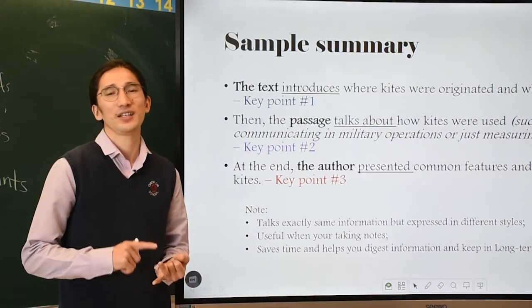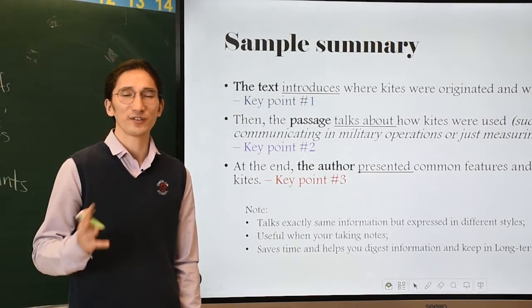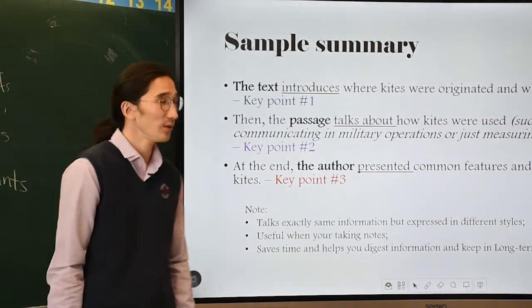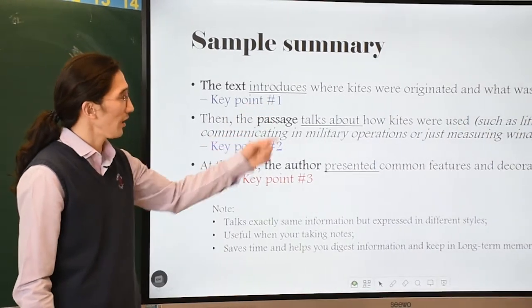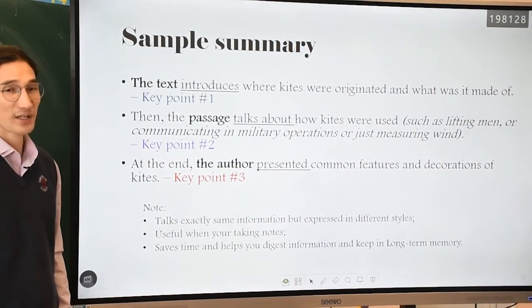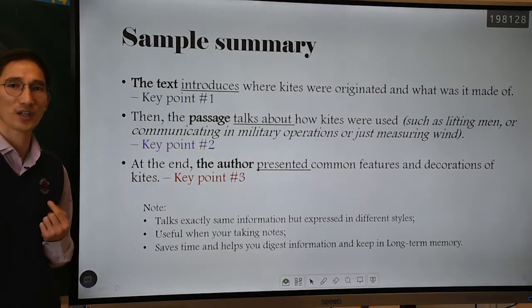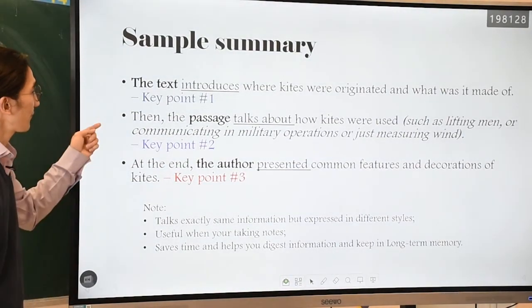Region, design, and the purpose. So we have to include these three ideas in the summary. Let's see the first one. The text introduced where kites were originated and what they were made of. So it's only talking about the first key point, right? But it's not the complete summary.